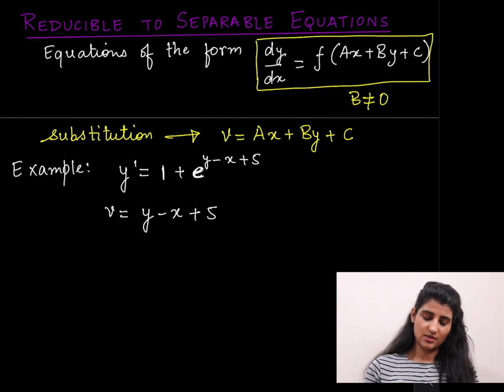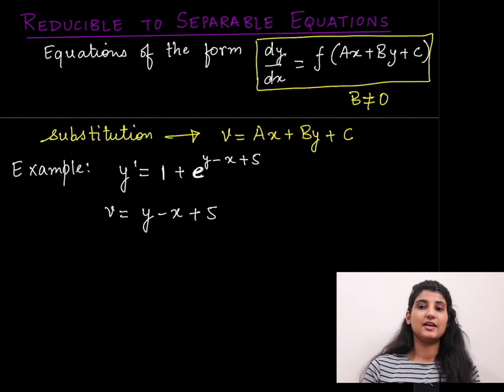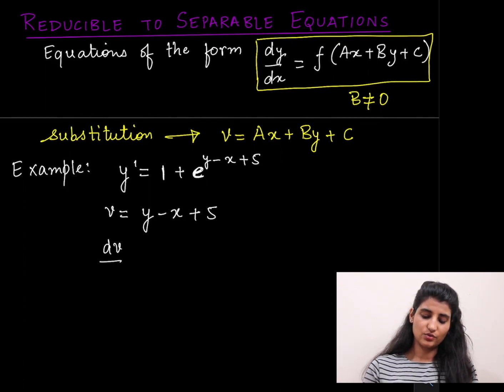If we want to substitute this in our equation, we first need to calculate the value of y prime, which is the derivative of y with respect to x. So we will take the derivative with respect to x.